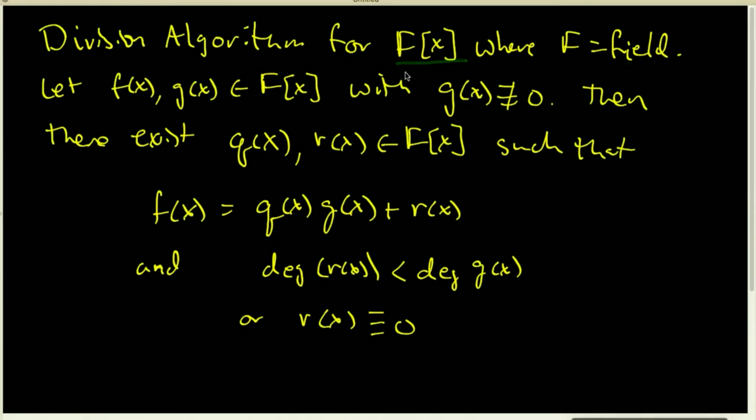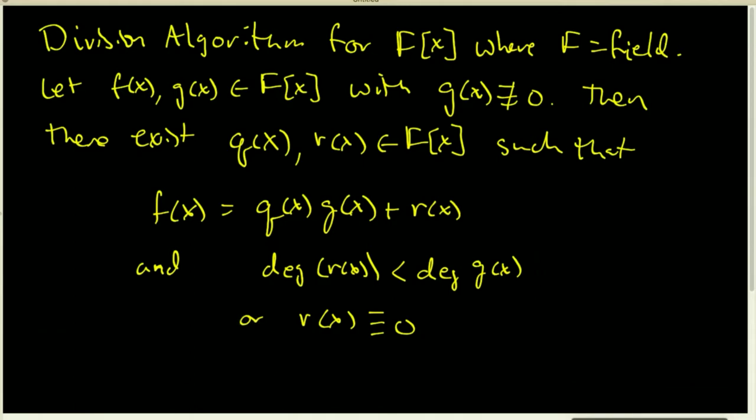And the division algorithm for F[x] can be stated as: if f and g belong to F[x] and g is not equal to 0, then there exist polynomials q and r in F[x] such that f is equal to q times g plus r, and r has to satisfy these two constraints. The degree of r(x) is strictly less than the degree of g(x), or r(x) is identically equal to 0.